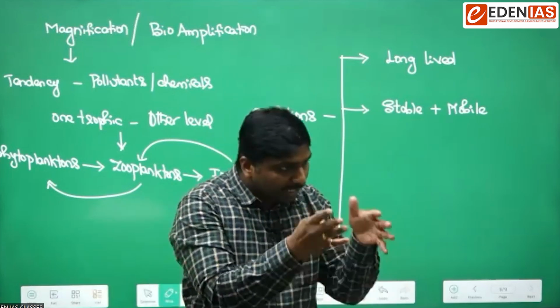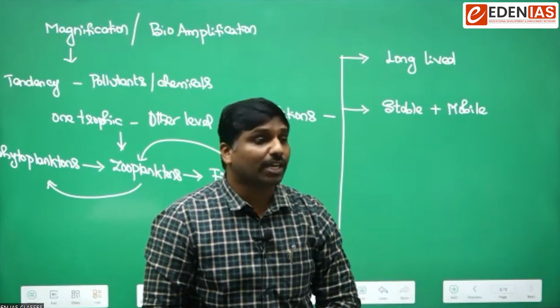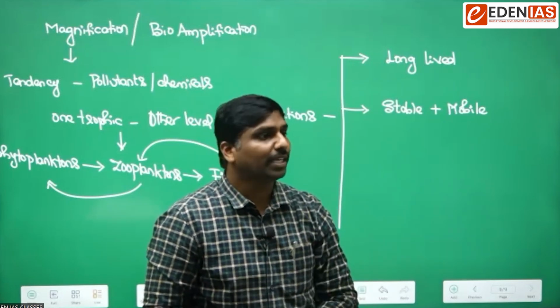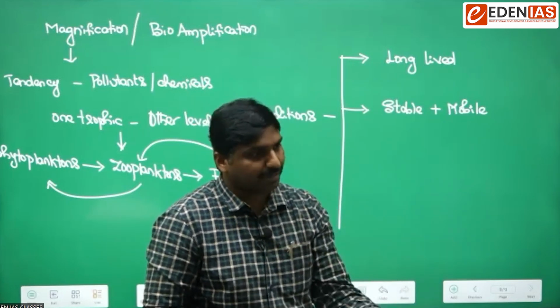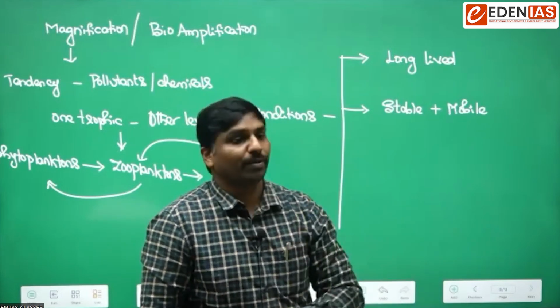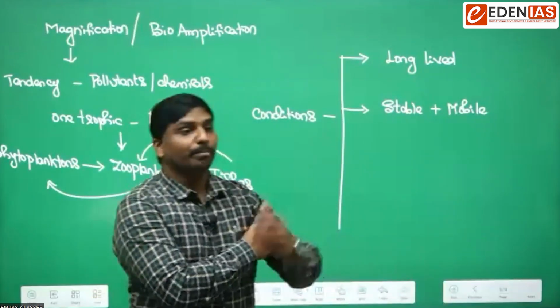It has to remain in its original form as it is. Another thing is that it must have the ability to move from one organism to another. If it cannot move from one organism to another, obviously it would be the process of bioaccumulation, and it may not lead to biomagnification.